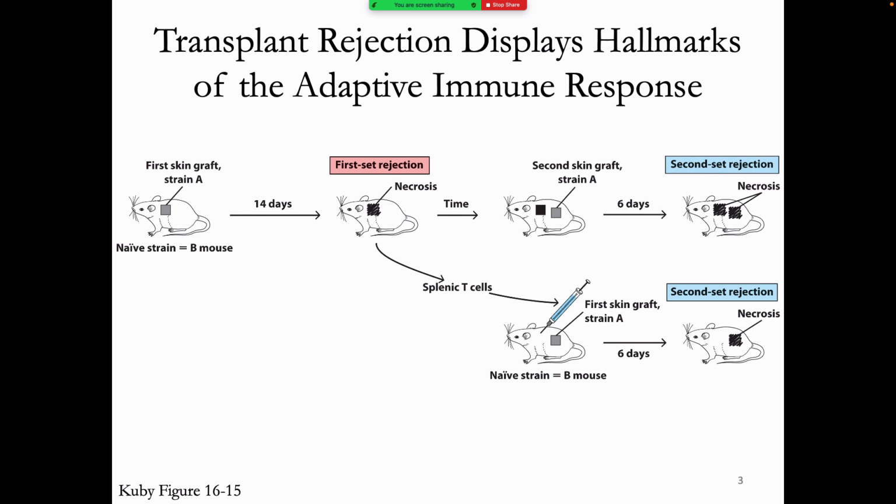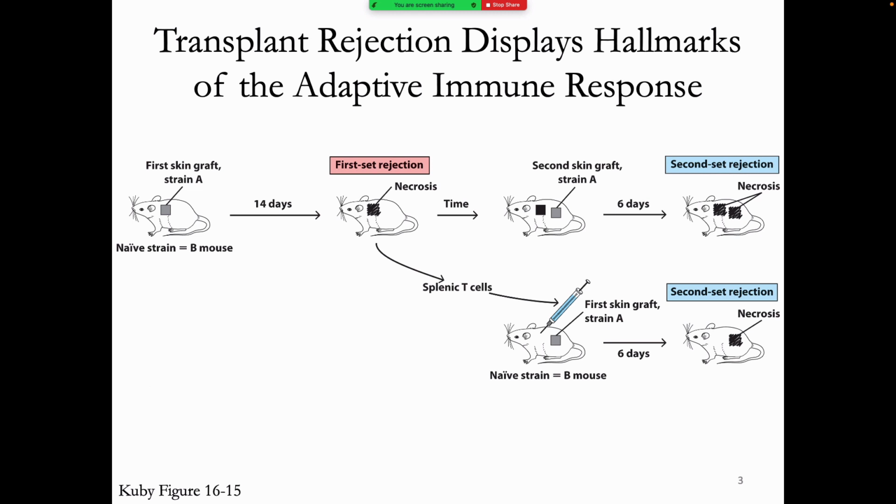the adaptive immune system. We can also do experiments like the one shown on the bottom, where we take our mouse who has rejected its skin graft and we isolate T cells from that mouse.